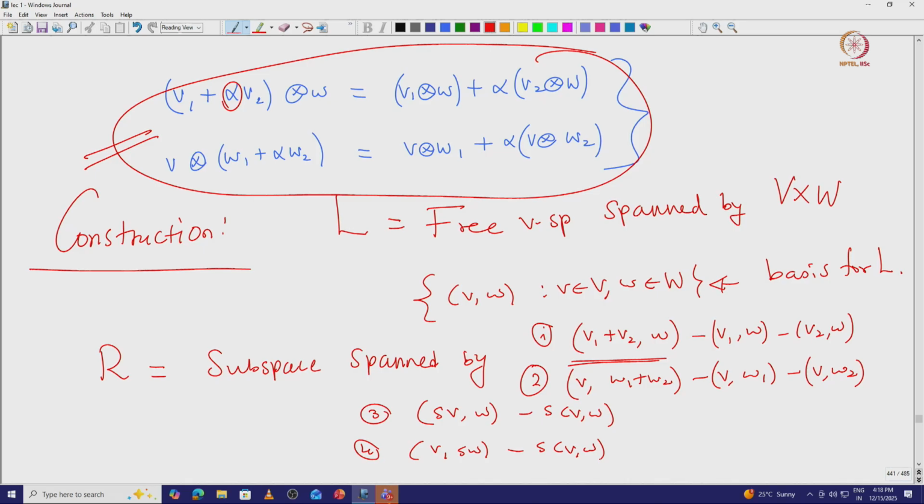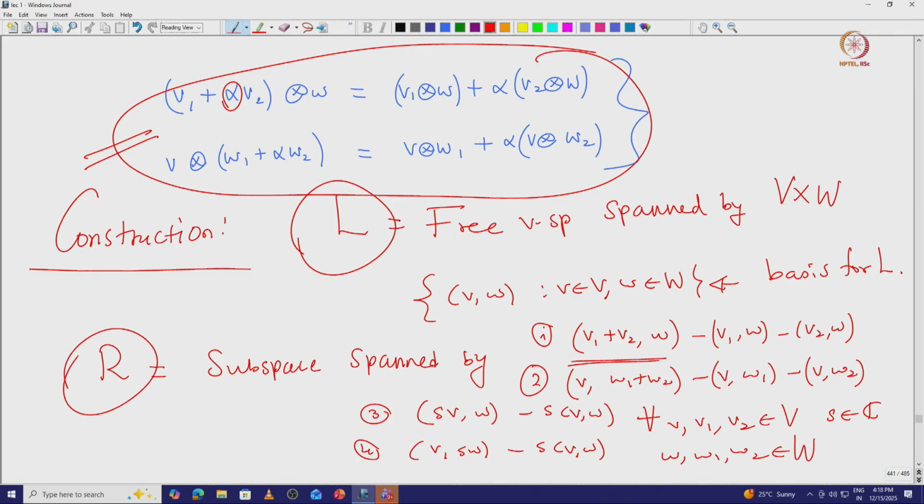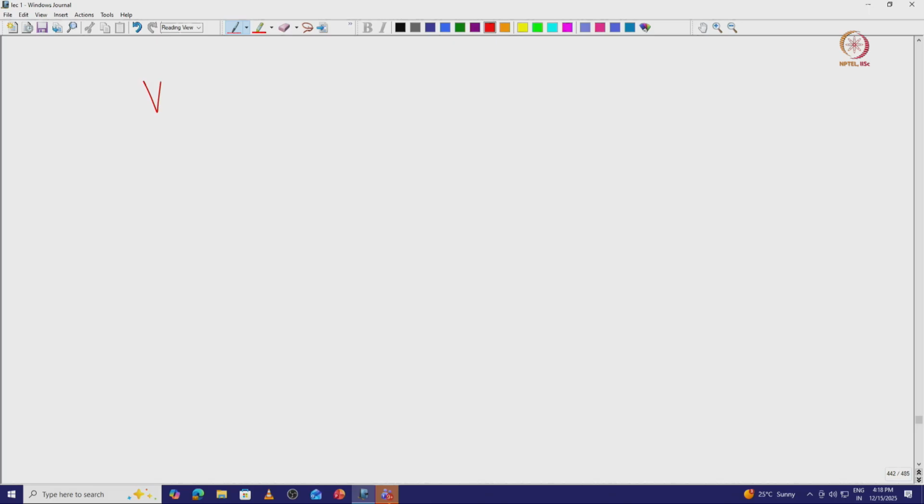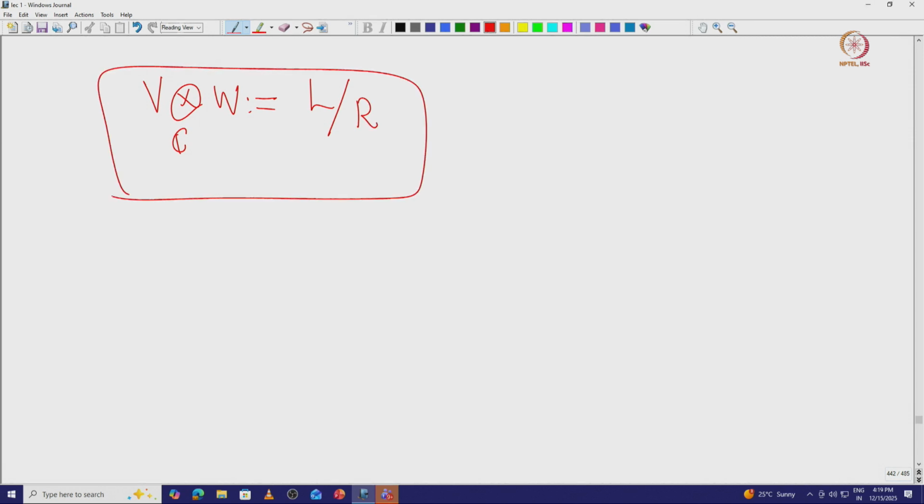And all these are true for all v, v1, v2 coming from V, s coming from the complex numbers, and w, w1, w2 coming from capital W. And we take this space capital L and then go modulo R. So that is our tensor product. V tensor W over C is defined to be L modulo R. So this is the definition of the tensor product.